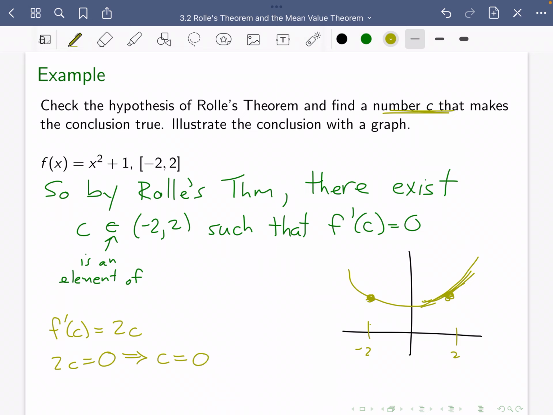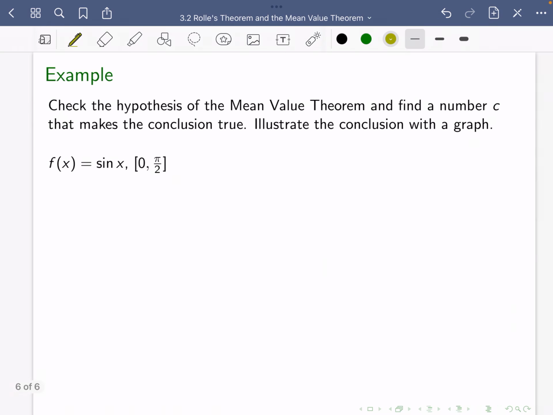So the point that's guaranteed is that point right at 0. And we can notice that the slope at that point is 0. That's what Rolle's theorem guaranteed us. Fantastic. So that's Rolle's theorem. The mean value theorem is similar, and that's what we're going to look at next.